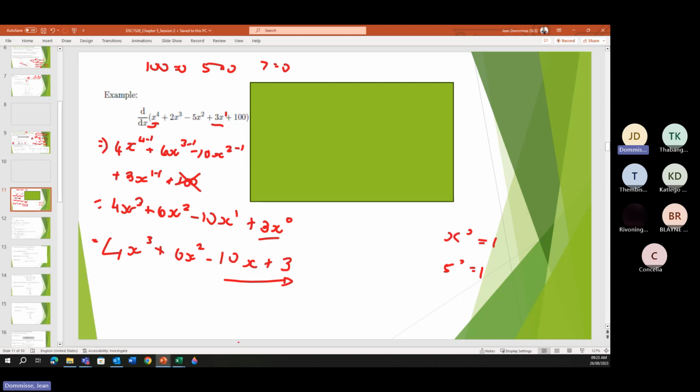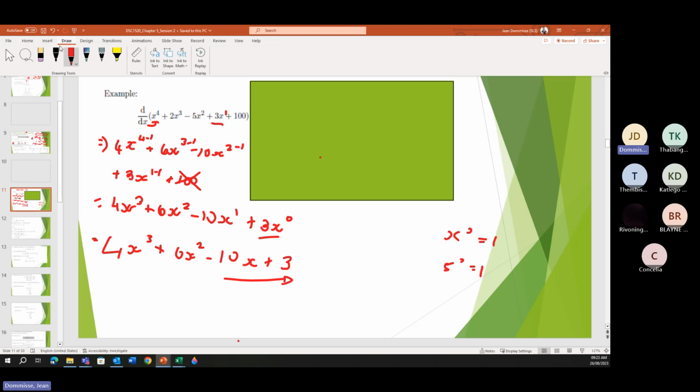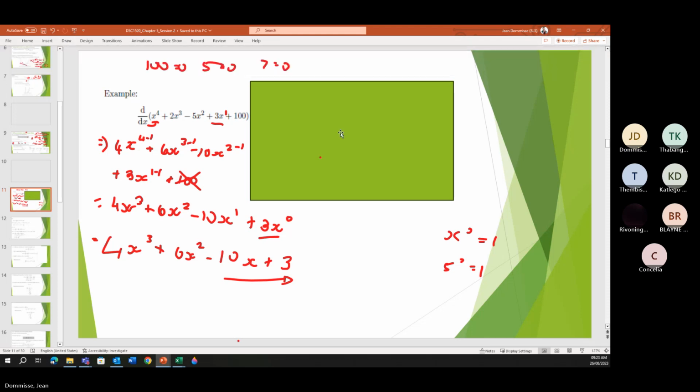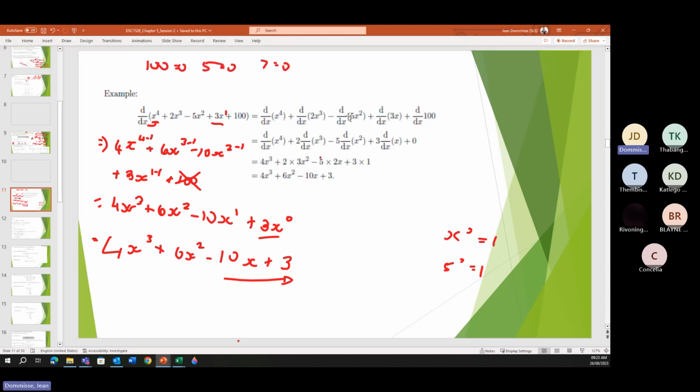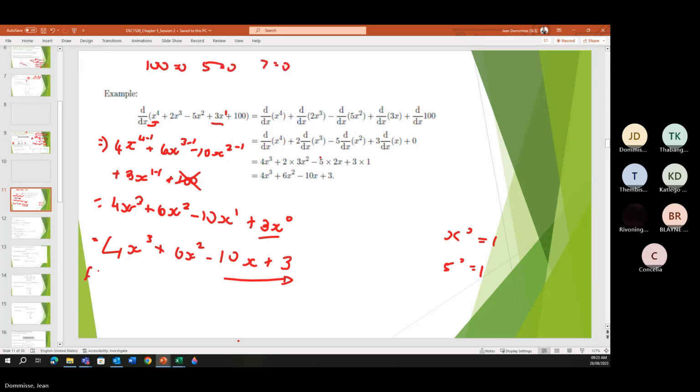Let's take that away, and you can see how it was done as well. I just want to do an extra step. Let's do the second differentiation on this.